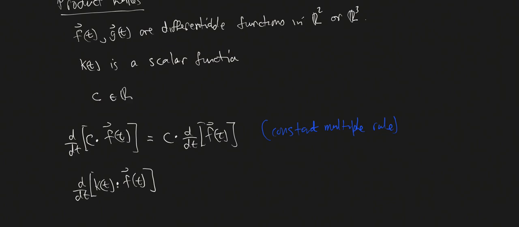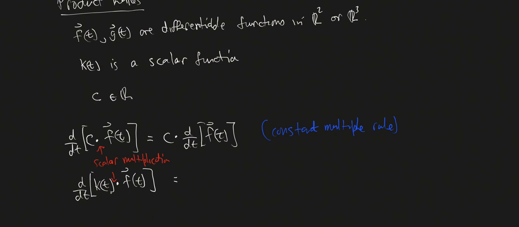I know I'm using a dot, but this is not a dot product because these are not two vectors. This is a scalar, and we're just multiplying this vector function. We would do it the same way as scalar multiplication, simply by using the distributive property. So note that this is scalar multiplication, and with that we can use our regular product rule.